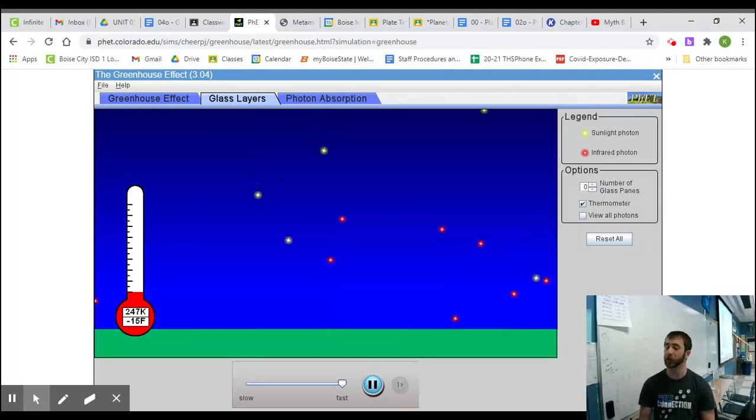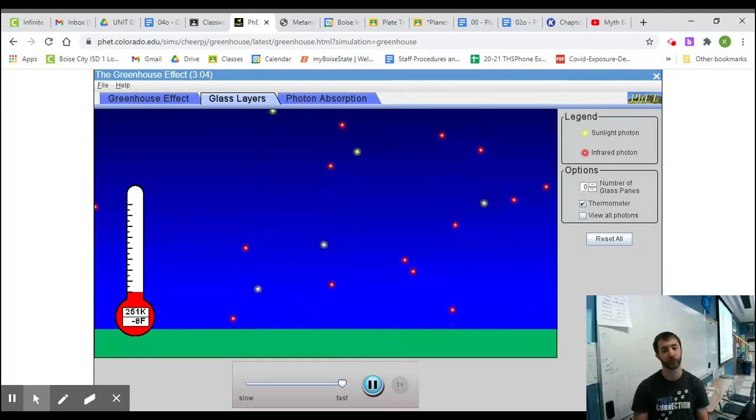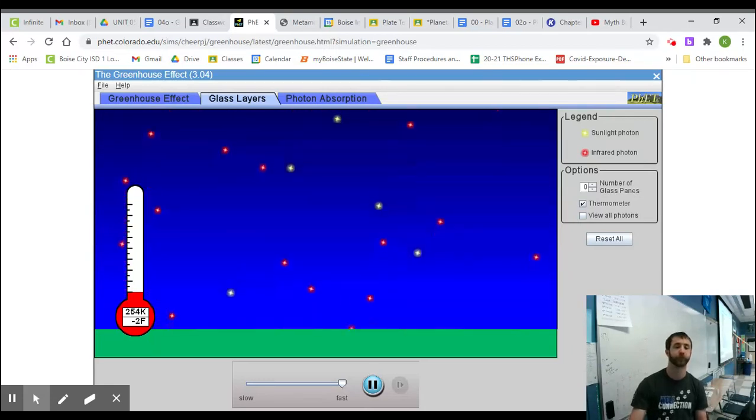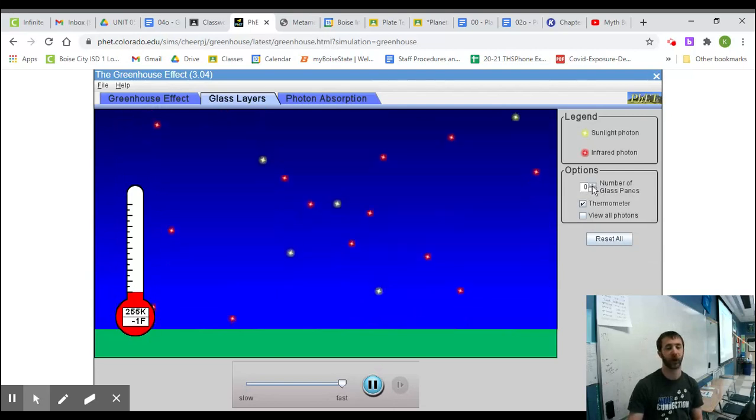This is also assuming no atmosphere. Just keep in mind. I'll add a glass pane.